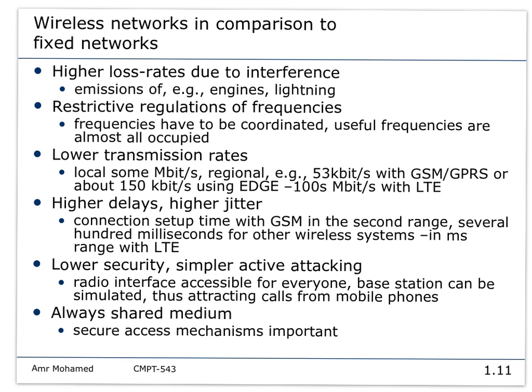So one of the ways to increase the transmission rate is by consuming more power. So you transmit with higher power. If you transmit with higher power, then the wireless signal will travel longer distance.